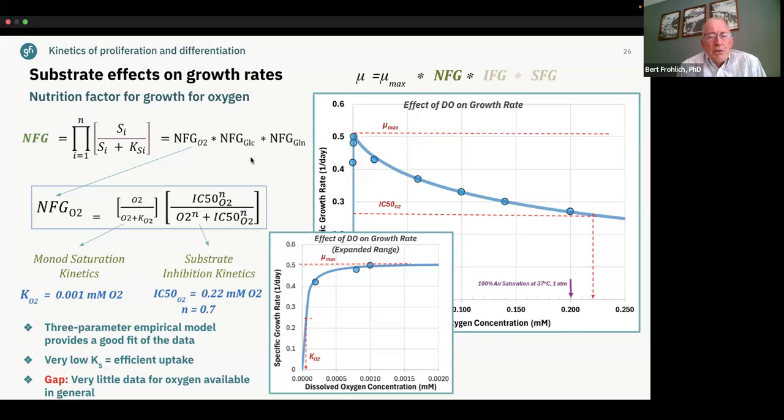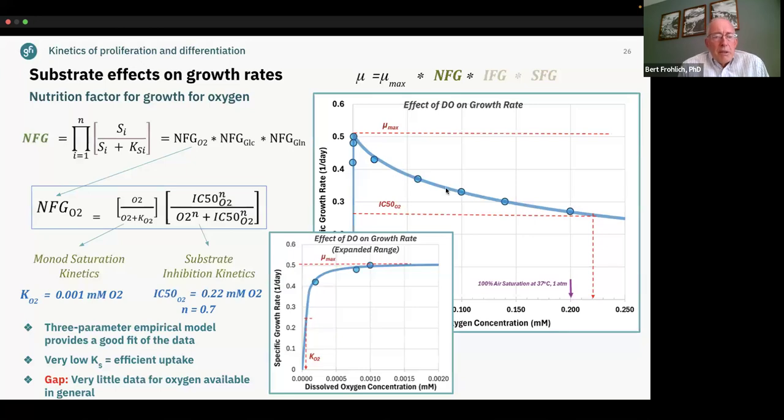I point this out because it's an interesting profile. It has a very sharp optimum of growth rate, or mu max, which occurs only over a very narrow range of oxygen concentrations, and then it goes down. What that means is that oxygen is actually toxic to cells at higher concentrations, even below 100% of air saturation.